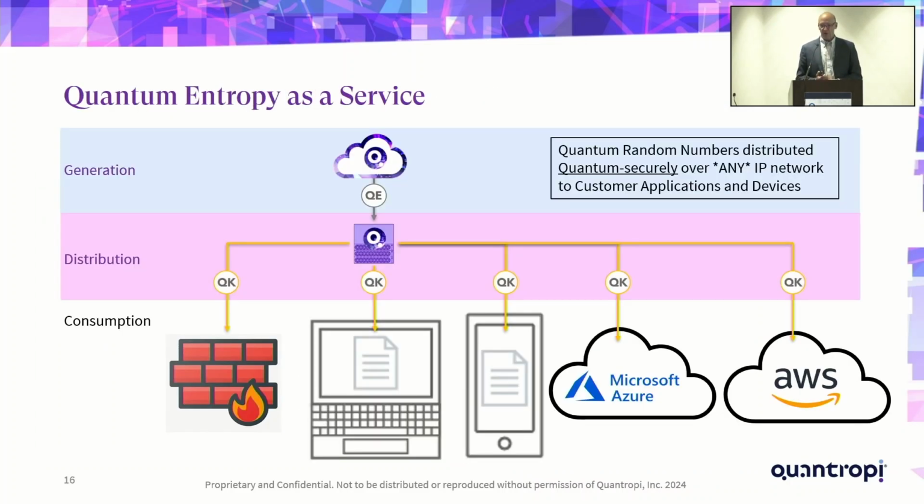And so I did want to just comment on the general architecture of this idea of quantum entropy as a service, where we usually talk about generation, distribution, and consumption, a layered architecture. Again, nothing too tricky about it, but it's important, especially as we also start to bridge into physical environments, but also cloud, right? Because on-prem or in my pocket versus in the cloud, how can I have cryptographic entropy in all places?